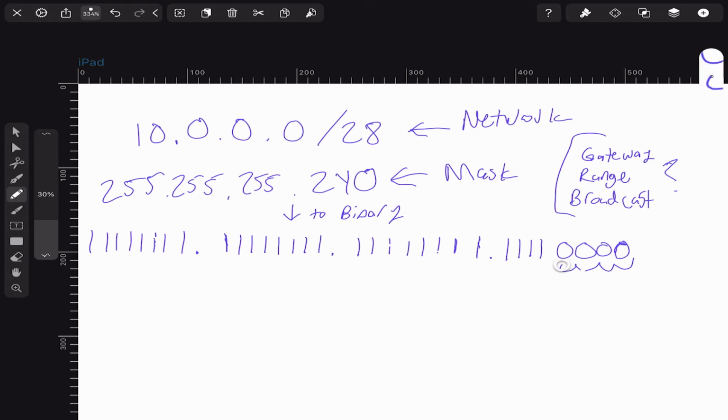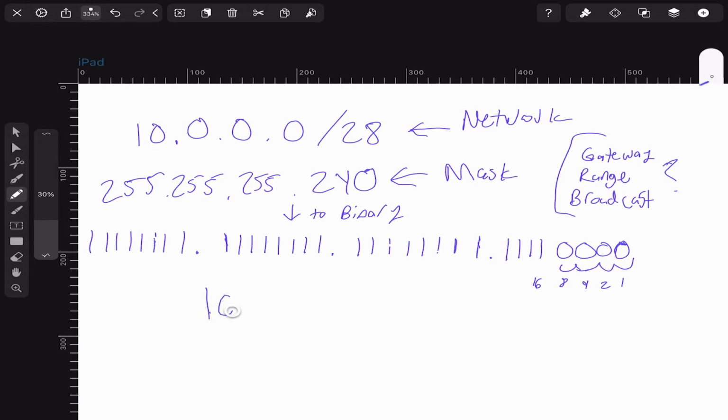So actually 1, 2, 3, 4. 1, 2, 4, 8. So that's 16. It stops at 16. So this is a quick way to figure out what your next subnet address is going to be. So it's going to be 16.